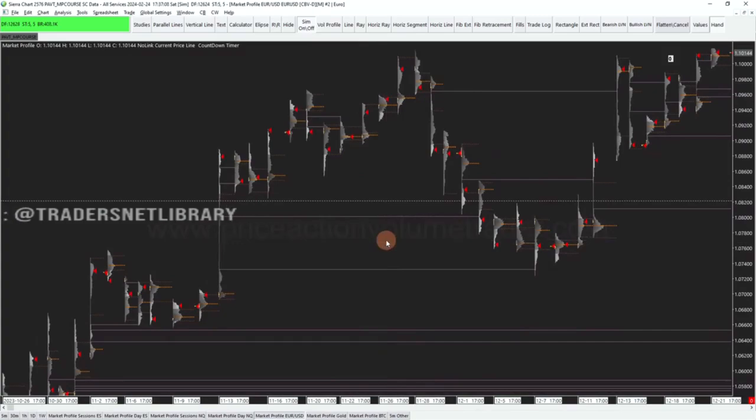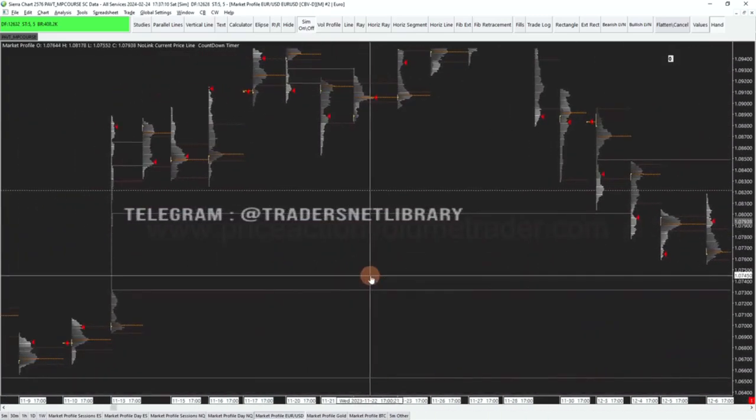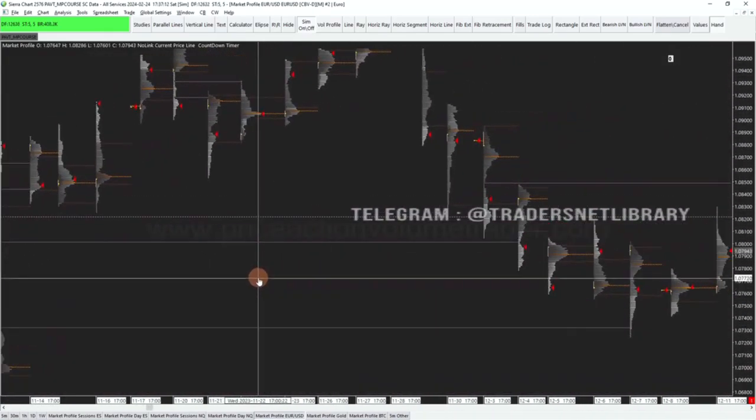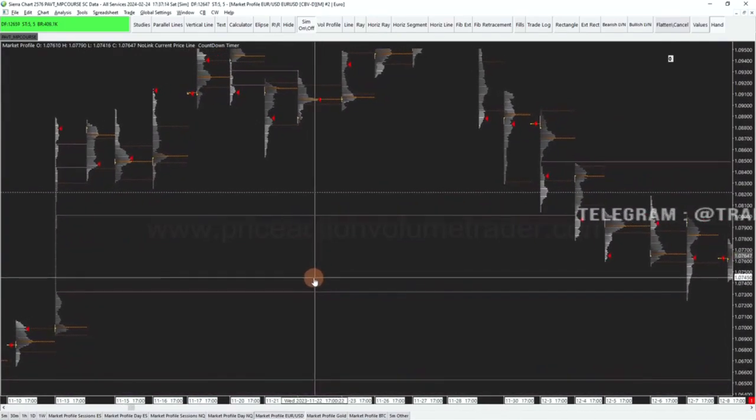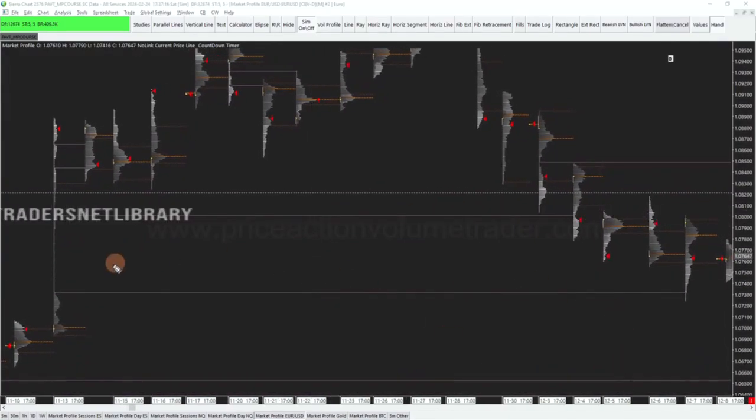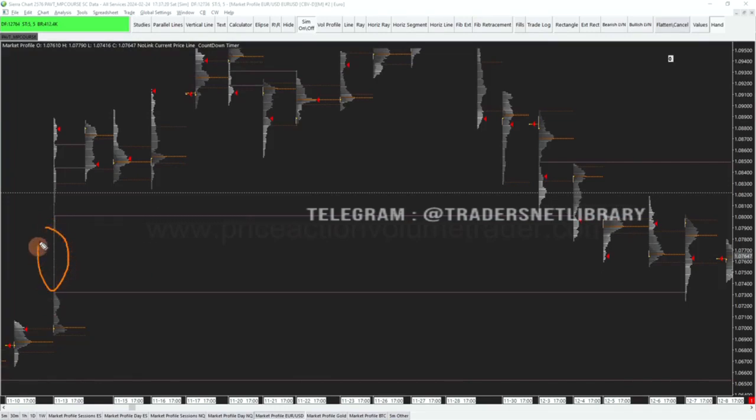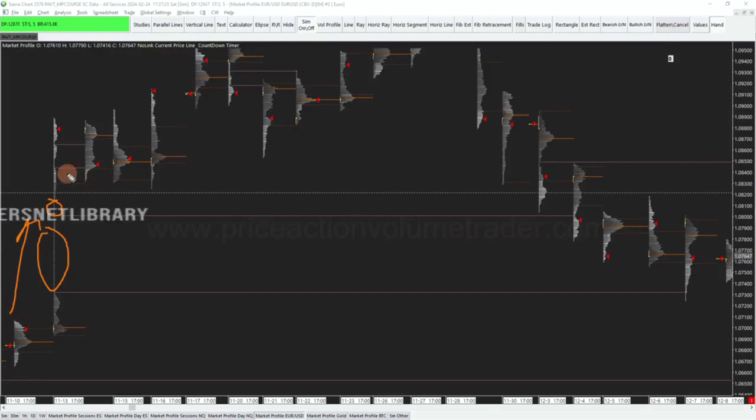Okay, here's a very nice example of a single print with a big reaction. You can see again here we had this impulsive move and two very large single prints. We broke out.